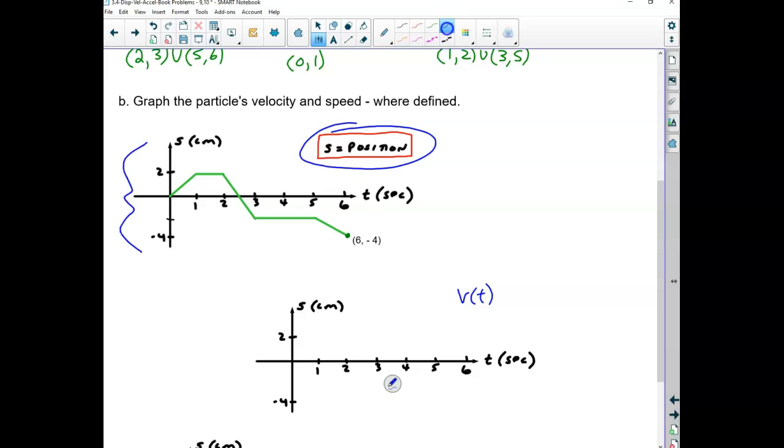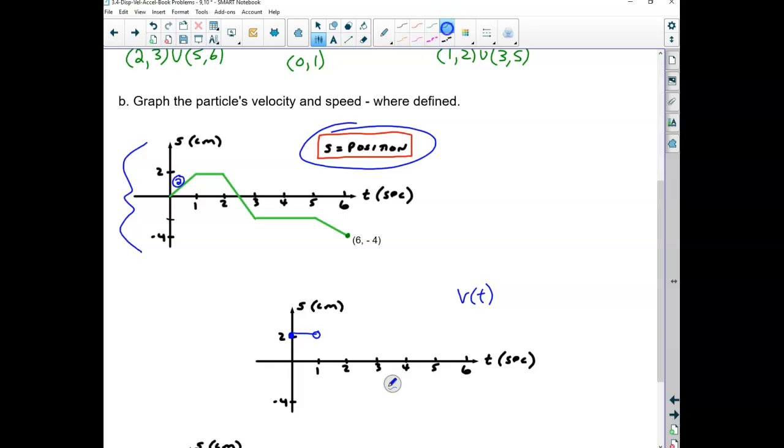From 0 to 1, remember open circles on all these sharp points with the exception of the endpoints, I rose 2, I ran 1, so I have a slope of positive 2 here. I'm going to make a closed dot at 2 and an open dot at 1, and there's my velocity.